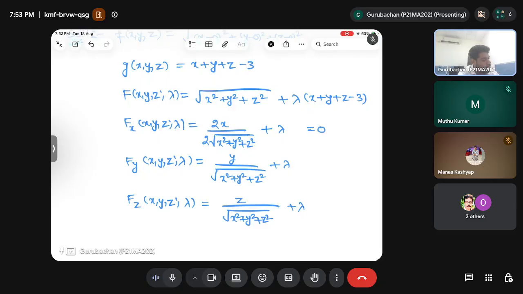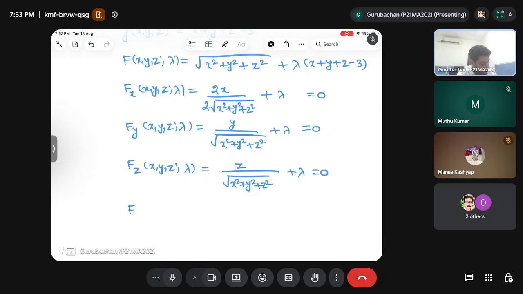So you need to set all these equal to 0, and f_lambda(x, y, z, lambda) is equal to x plus y plus z minus 3 is equal to 0.